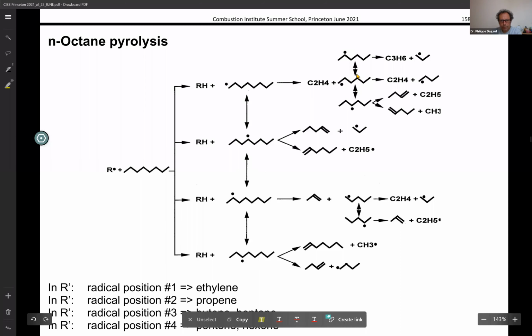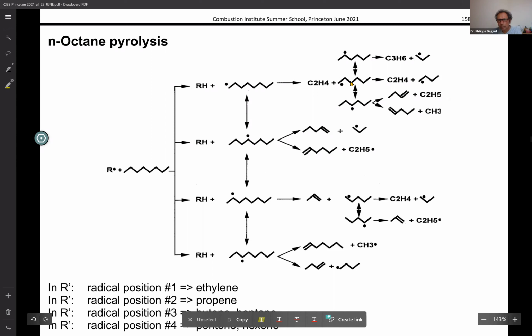Here we can have a decomposition to form ethylene again, and a smaller radical with 4 carbon atoms, butyl radical. And from this one, we can have formation of two different olefins and two different alkyl radicals.